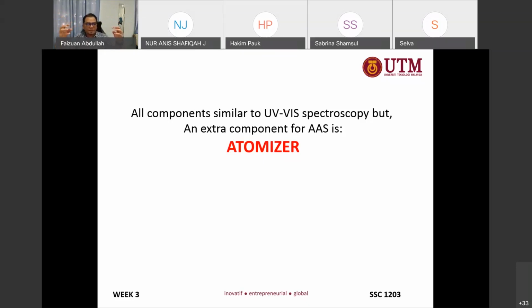Then we have a detector after this. In the middle we have our atomized sample. Here we have a light source for a certain amount of energy, specifically for iron, for example, and we have a detector.